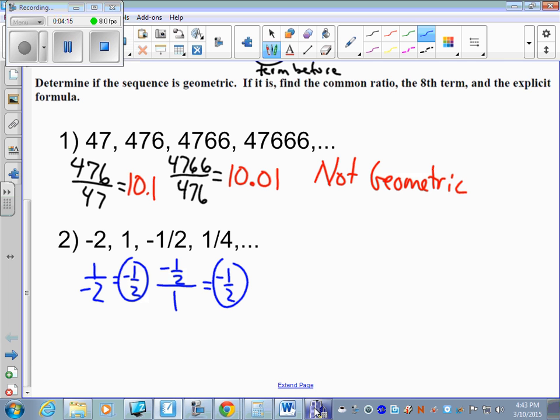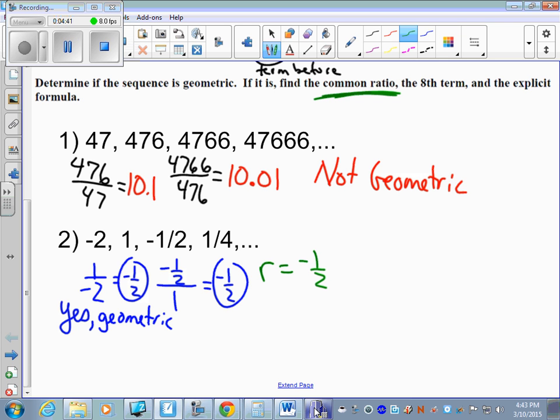So they're the same, so yes, geometric. Then we have to find the common ratio. If you found that it's geometric, you found the common ratio. The common ratio is negative 1/2. You multiply by negative 1/2 to get from each term to the next.